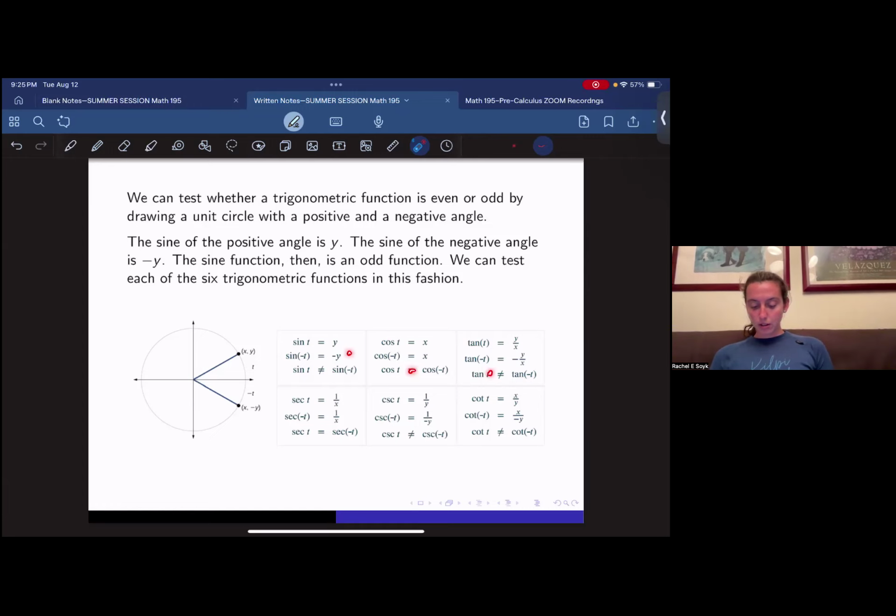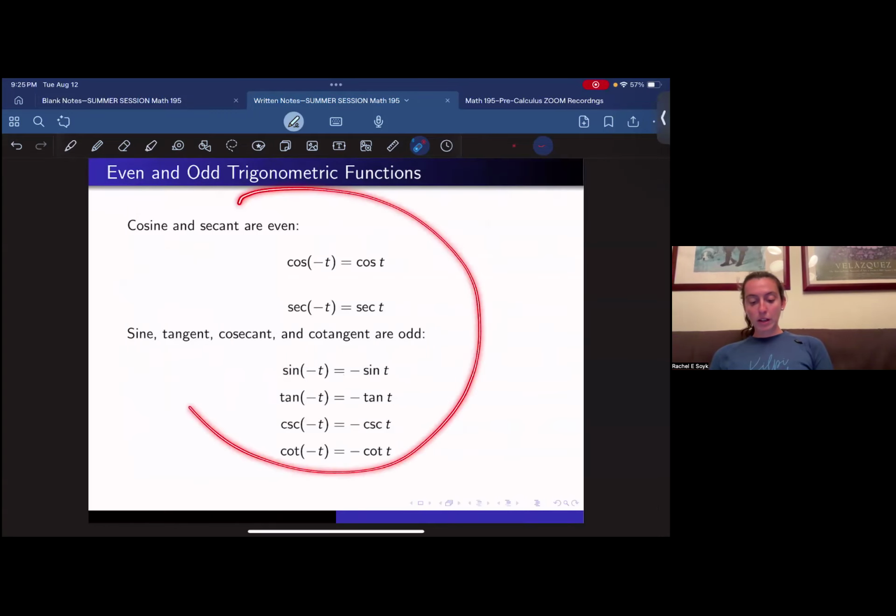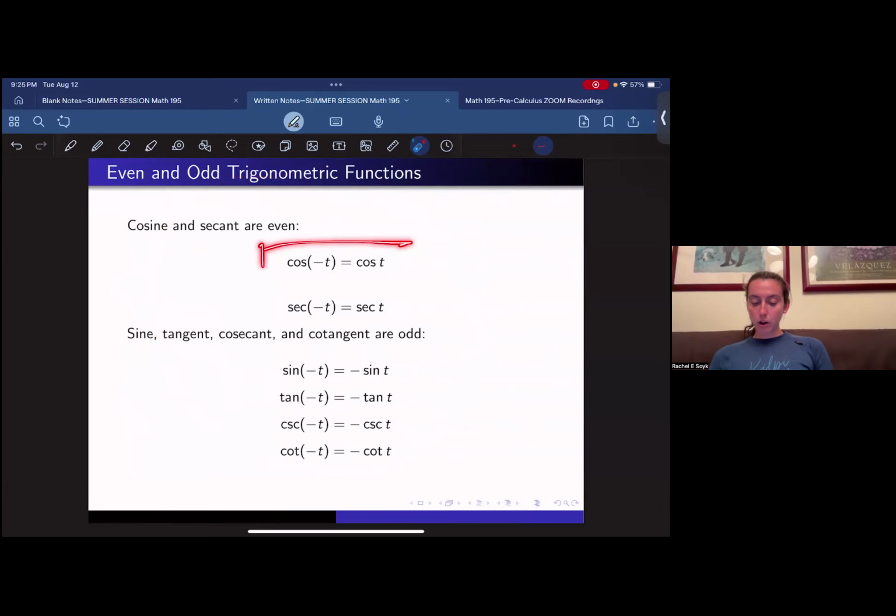And then each box checks out. So we formalize it and we state, okay, all of our cosine related functions are even. Maybe I'll highlight this. Green for even. And all of our sine and tangent related functions are odd.